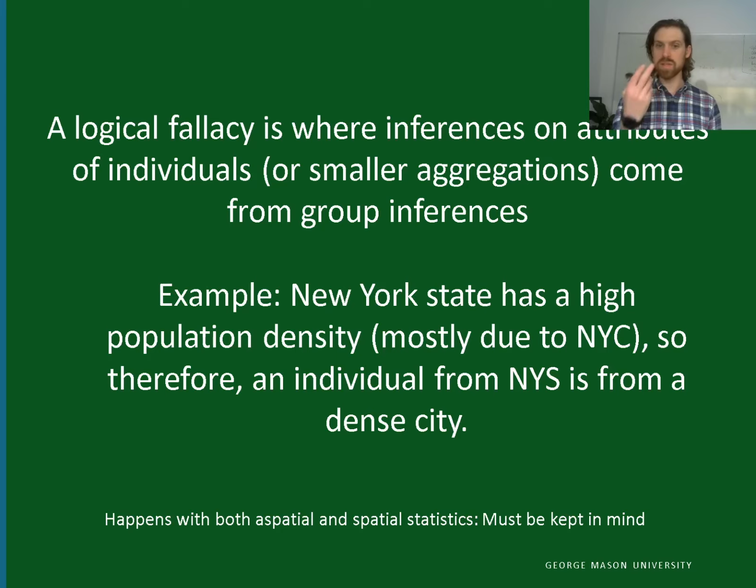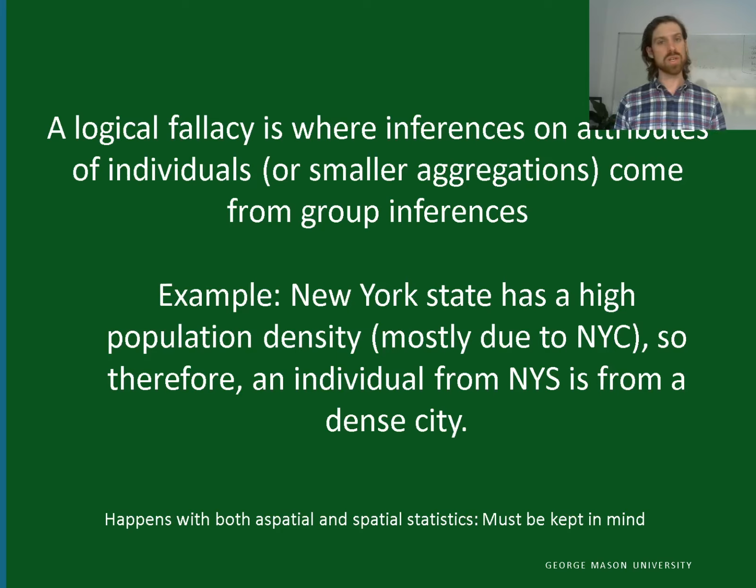And just to take that previous example again, so if you said that New York State has a high population density, which is in reality being driven mainly by New York City, you could say, sorry, that New York State has a high population density, when in reality it doesn't.